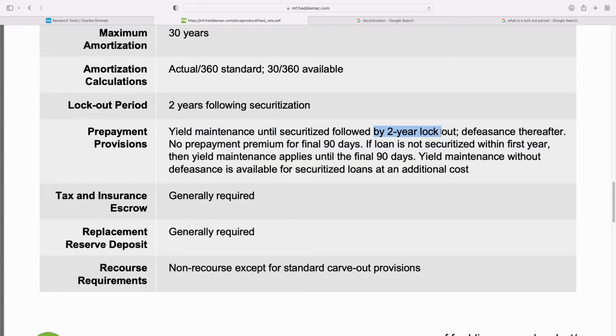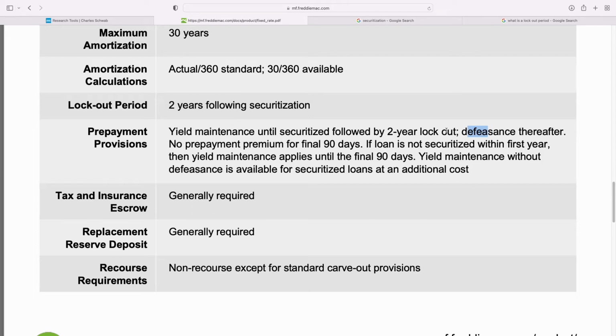So basically you're locked into this loan for 2 years. For your prepayment penalties, you have yield maintenance, meaning the loan must hit a certain yield, until the 2-year lockout period. Once the 2-year lockout period is up, then you have defeasance. And defeasance is basically your prepayment penalty before you get out of it.